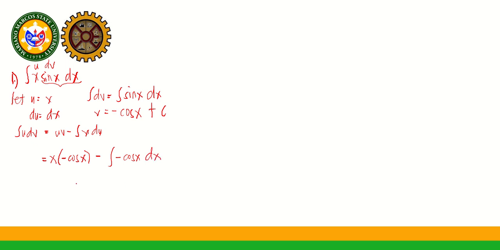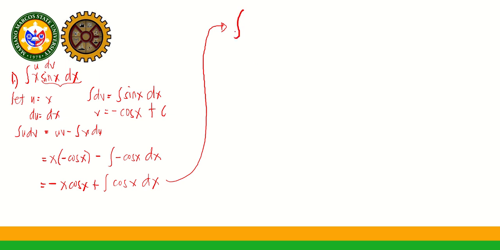Okay, so simplifying, we have negative x cosine x, negative negative, that will be positive, and the integral of cosine x dx. So what is the integral of cosine x dx? Looking at your formula tables, that is positive sine x plus c.